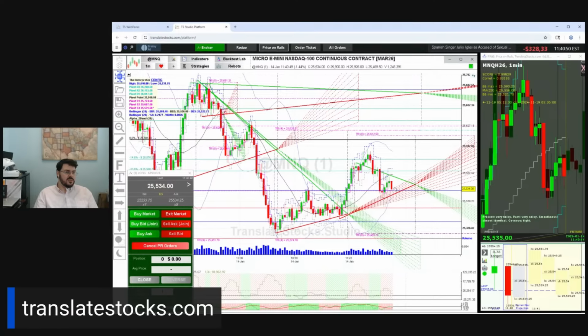Again, it's showing that the price could test the low, the daily low. Again, this is the daily low. It's not only a bottom in our chart, it's the daily low.